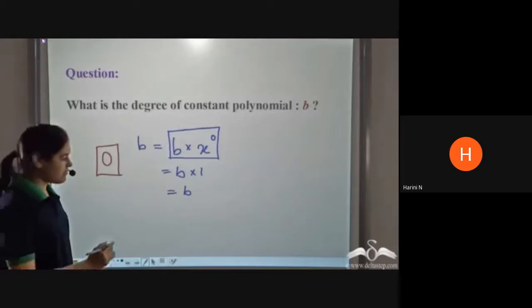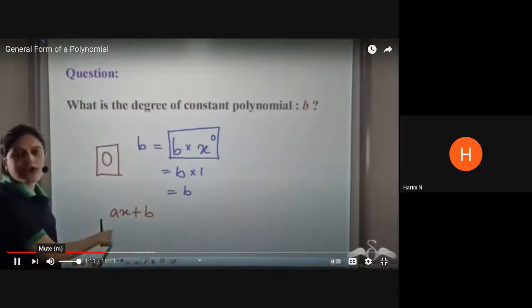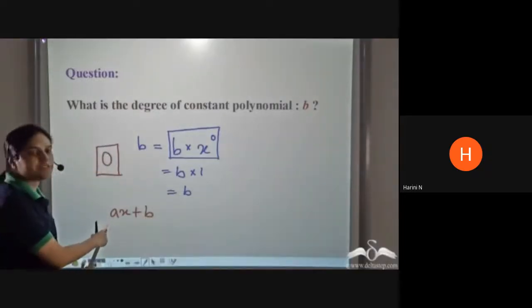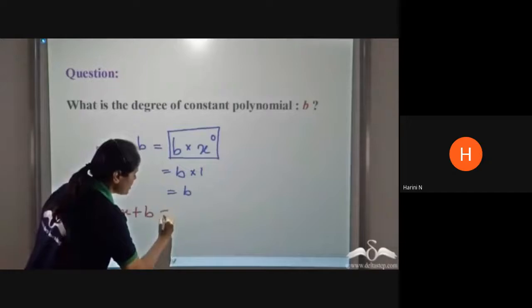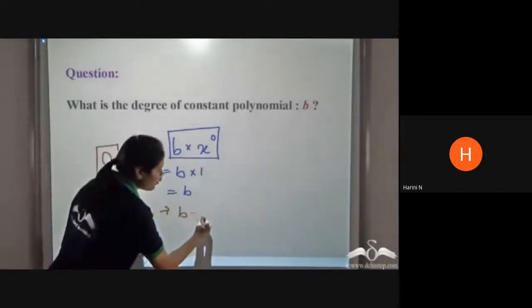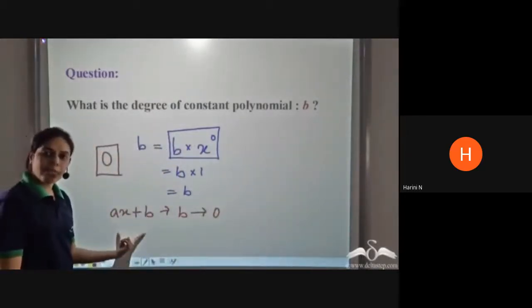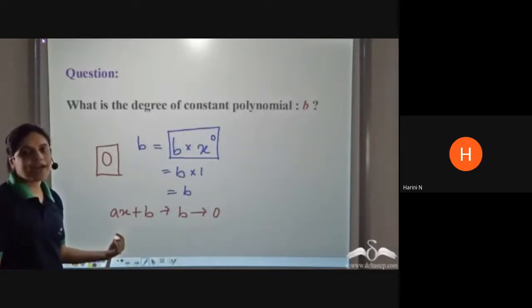And this is the reason why in ax + b, we cannot have a as 0. Because if a is 0, this will simply become b, and the degree of this is 0. So this will no longer be a linear polynomial. In this linear polynomial, we cannot have a as 0.